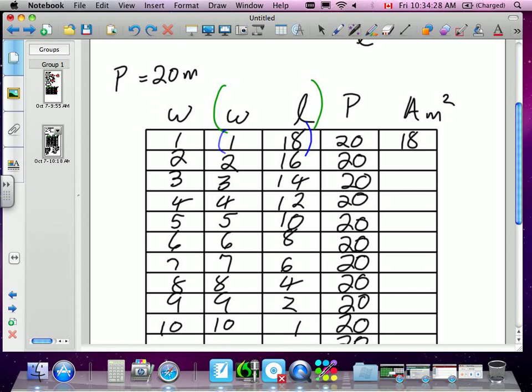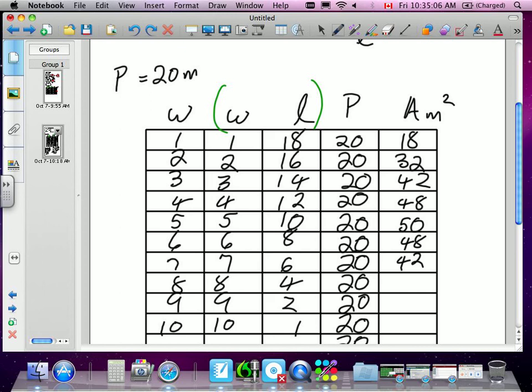2 by 16 is 32. 3 by 14 gives me 42. Yep. 12 by 4 gives me 48. 10 by 5 gives me 50. 6 by 8 is going to give me 48. 7 by 6 will give me 42. 8 by 4 will give me, oh, that's 32.